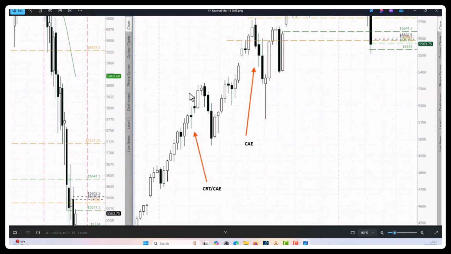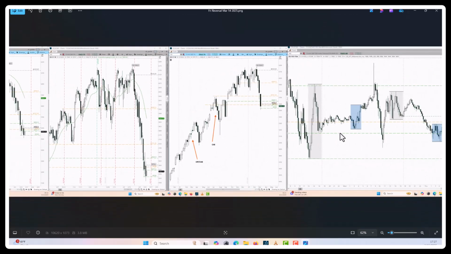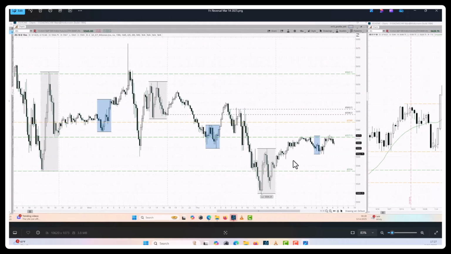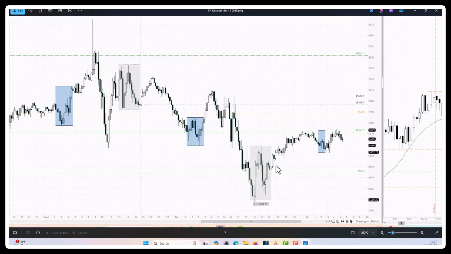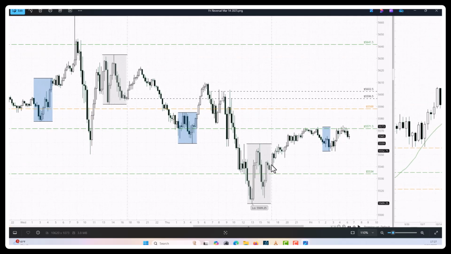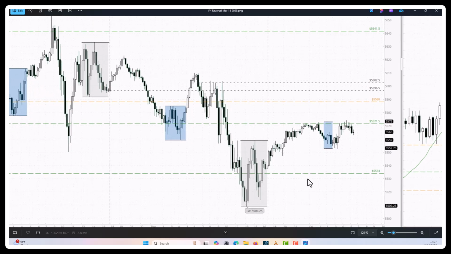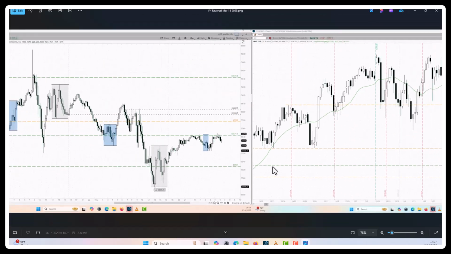If you go down to the 15 minutes, you see that it opened maybe in the middle or around the high of the PM. Last week it opened down here. So that means that there's no more sell side liquidity right here. So it's not going to go and raid the sell side liquidity before it reverses. So it's a little bit different.